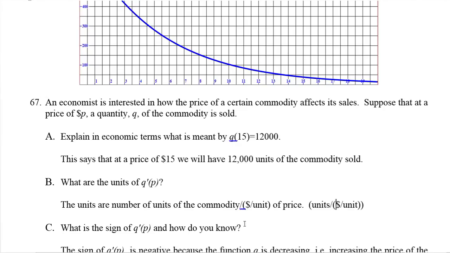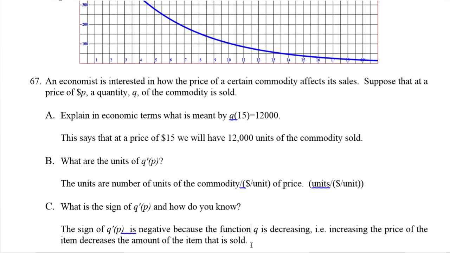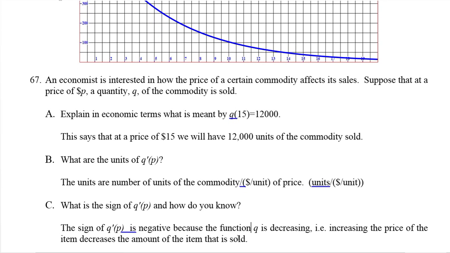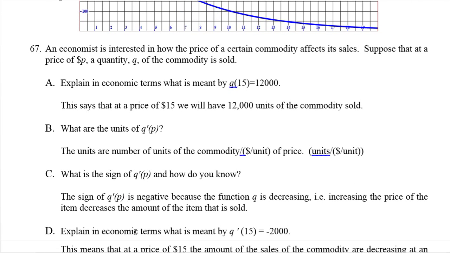What's the sign of Q prime, and how do you know? Well, we're asking about, is Q increasing or not? Let's see. So if we increase the unit price, the dollars per item, do we increase or decrease the number sold? Well, we decrease the number sold, so Q is decreasing, and then Q prime is thus negative. So what's meant by Q prime of 15 equals negative 2,000?